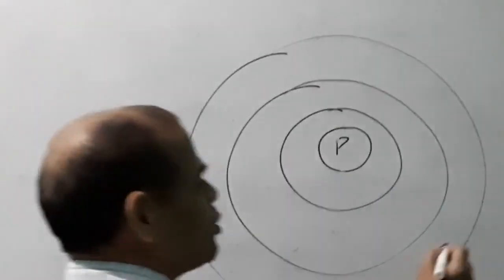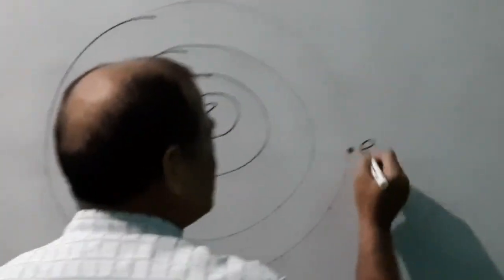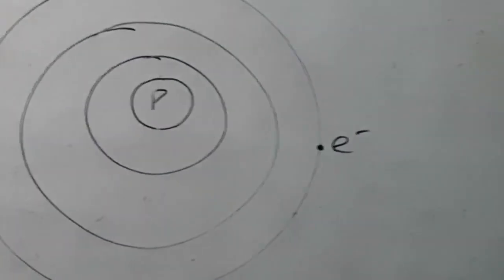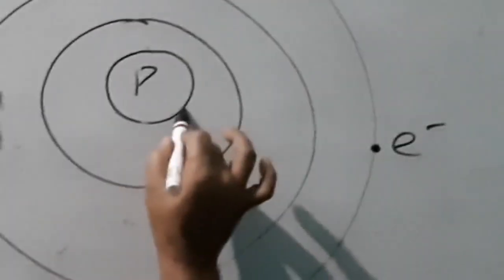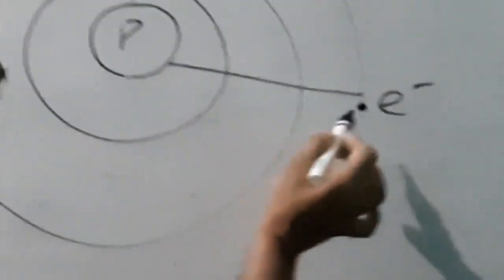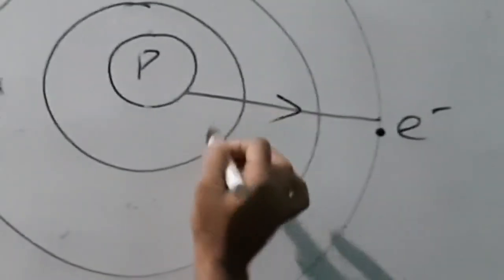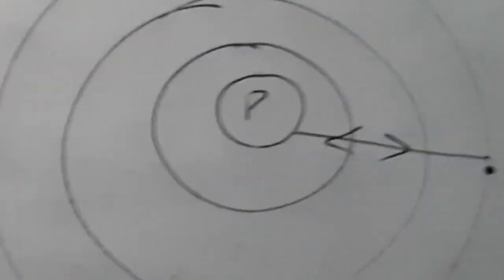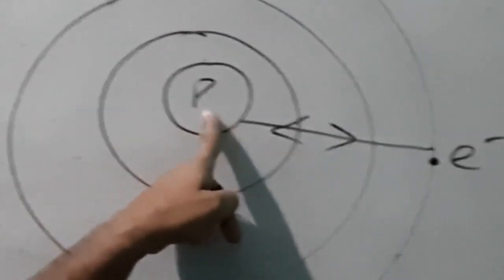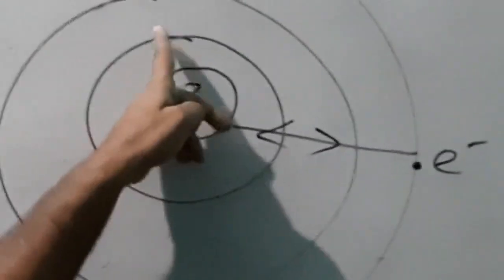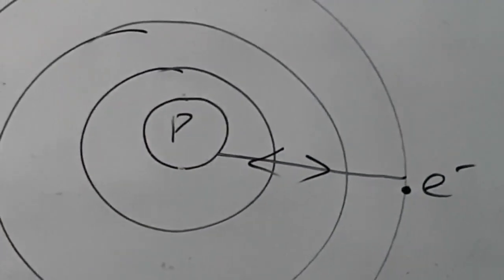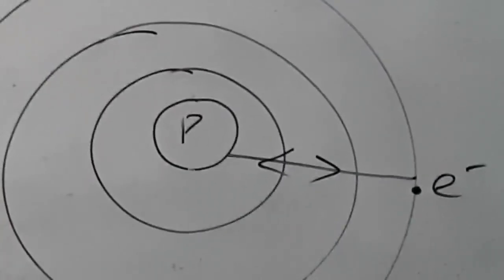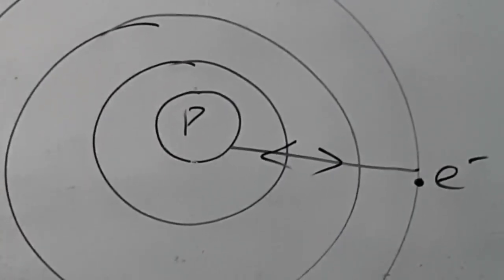Now, suppose here is one electron, loosely held by this nucleus. The central part of an atom is called the nucleus.